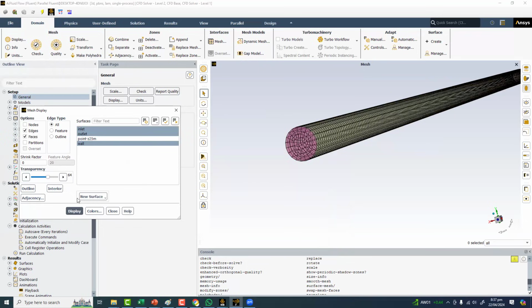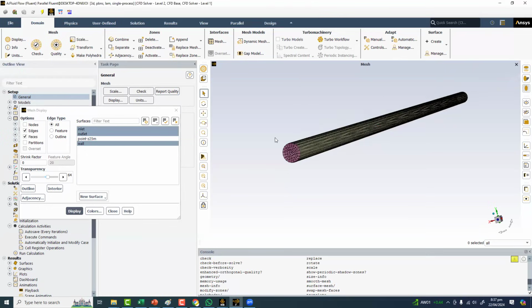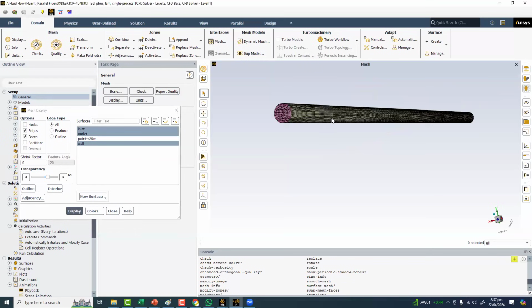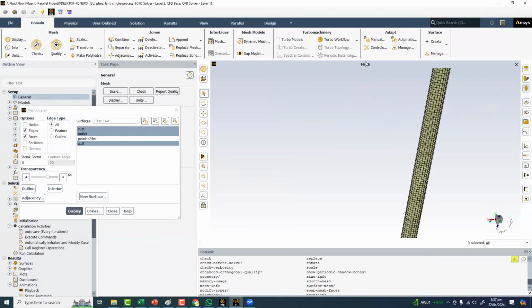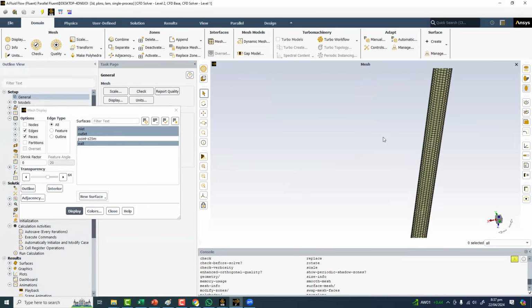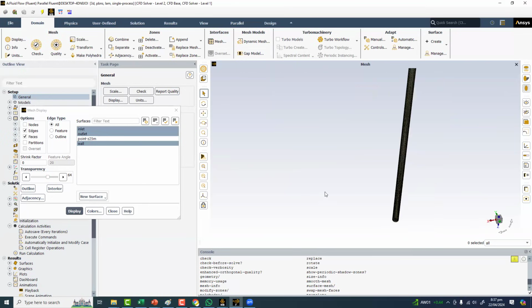If you change the orientation of the geometry, for example, put it horizontal or vertical, does that affect the results? You mean the pipe is horizontal, like this, or maybe vertical? Will that affect the results, like the flow?